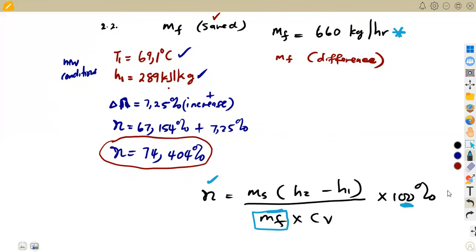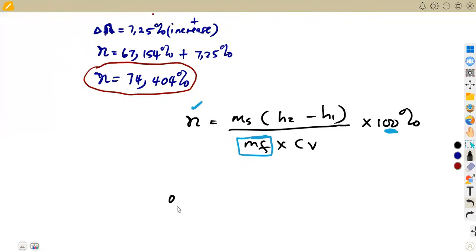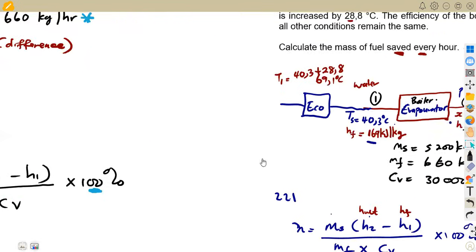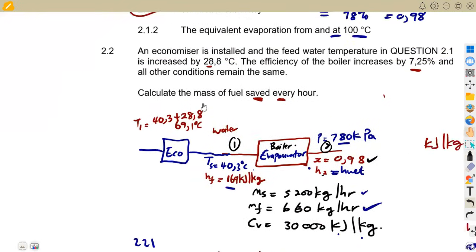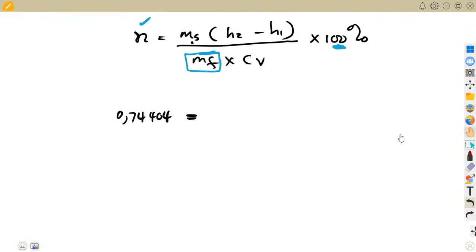If we divide by 100%, we are going to obtain a decimal of 0.74404, which is equal to, remember the mass of steam is not going to change. They said everything remains as it was, and all other conditions remain the same. So the mass of steam is not affected, 5,200 kilograms per hour.